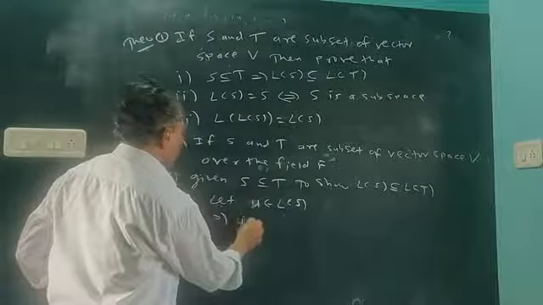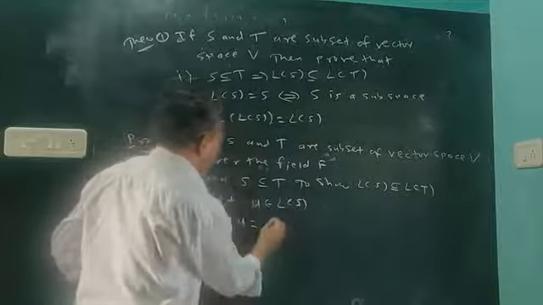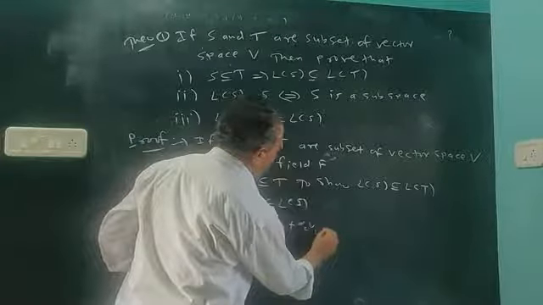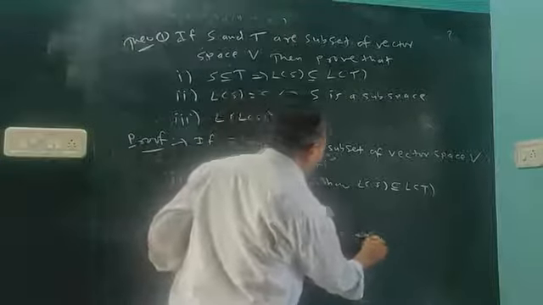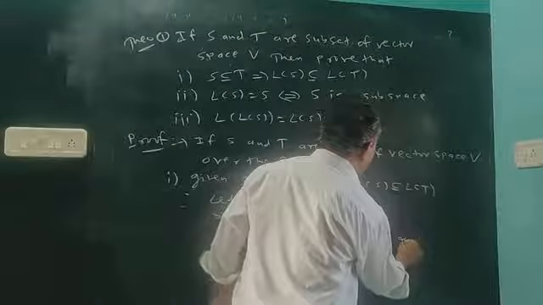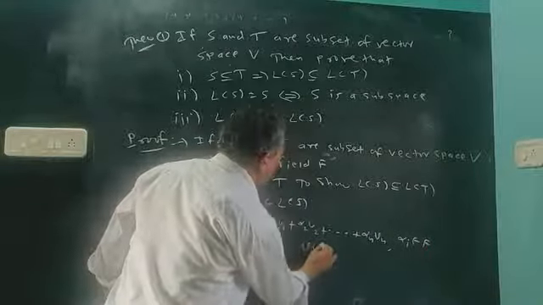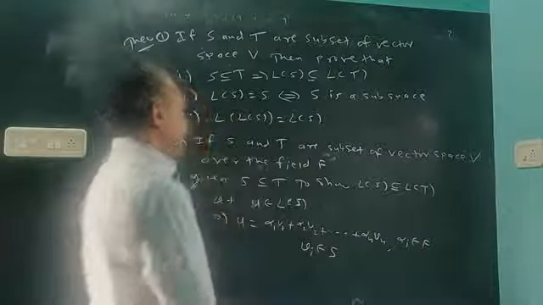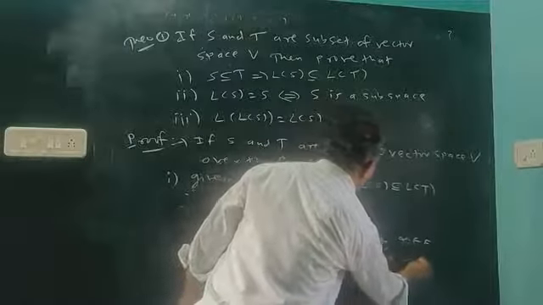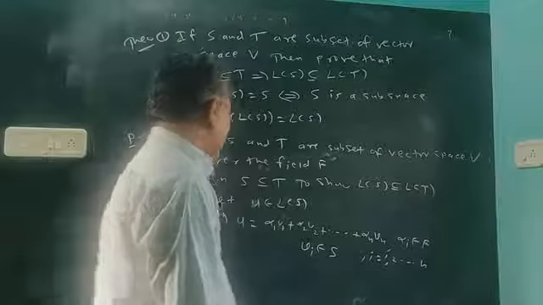That means U is a linear combination of elements of S. So U must be expressed as alpha 1 V1 plus alpha 2 V2 plus up to alpha n Vn, where the alphas are scalars, and each Vi comes from the set S, with i running from 1 to n. So each Vi belongs to S.